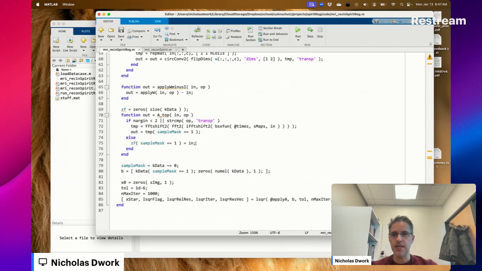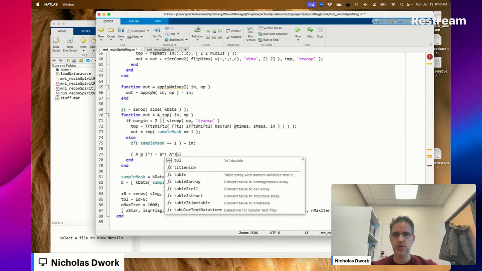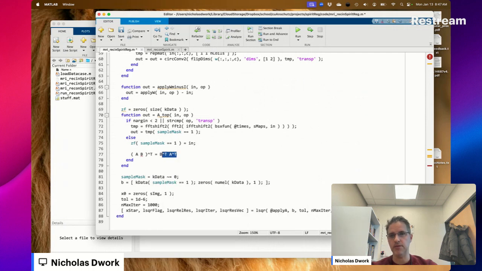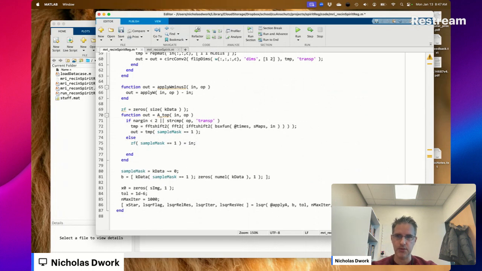And remember, when you're taking the adjoint, like if you take AB transpose, that's equal to B transpose A transpose. So the adjoints happen in the reverse order, which is why I took this output line and did this first. So what is the adjoint? So now we could just take the adjoint of this FFT2.